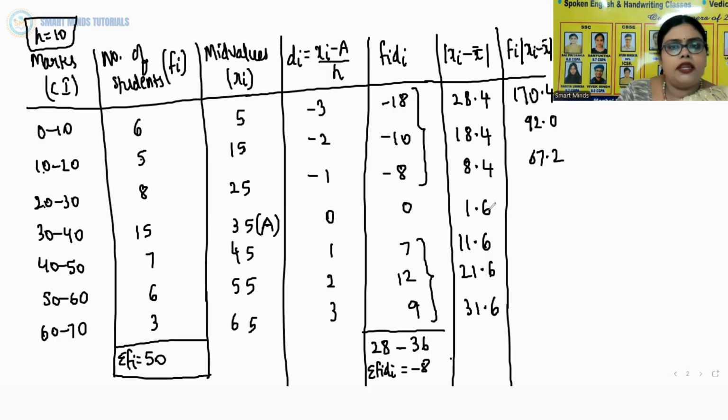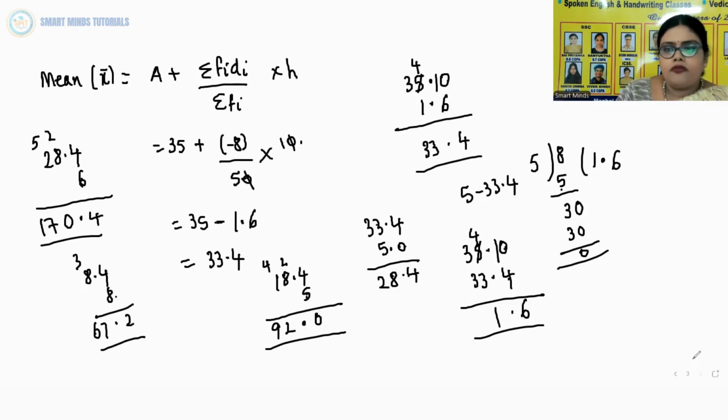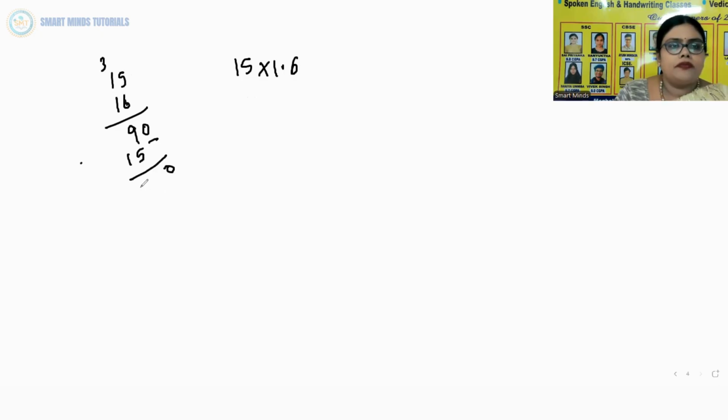Now 15 into 1.6. When you have two digits, we don't do it normally like we have done just now. Without the decimal, we will multiply. Actually, you have to do 15 into 1.6. So now you multiply this. 6 fives are 30. 6 ones are 6 plus 3, 9. Then 5 and 1, 0.